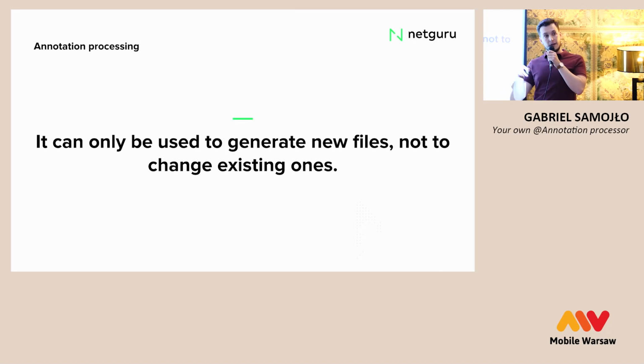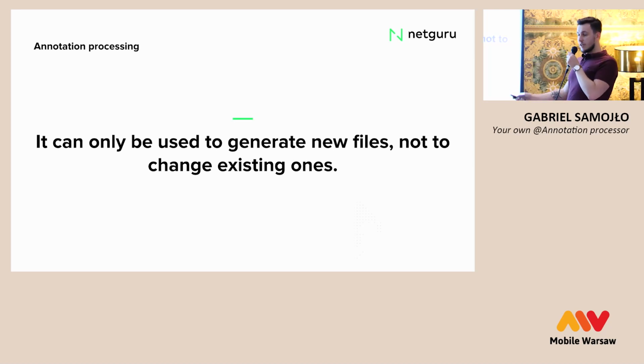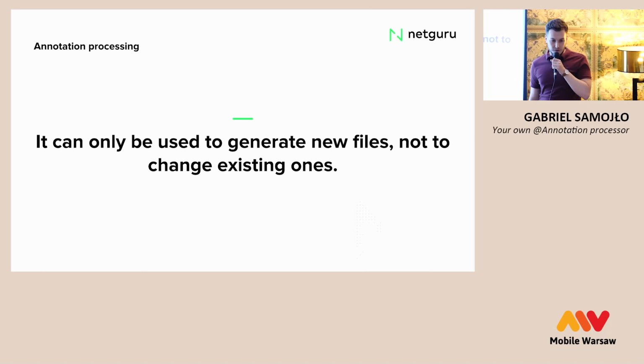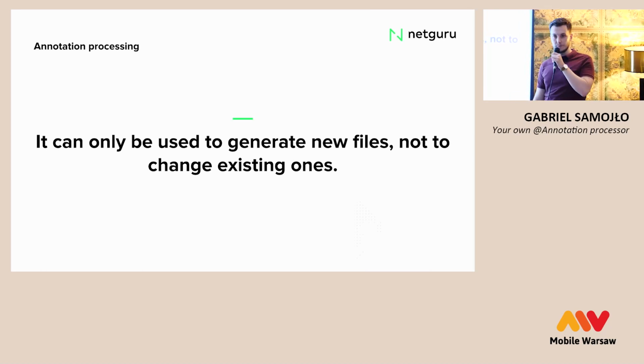So if we have, let's say, UserDao from Room, it will create UserDaoImpl, right? It won't modify your file, but create another one for it. And it applies to all annotation processors, to all of the annotation processing world.